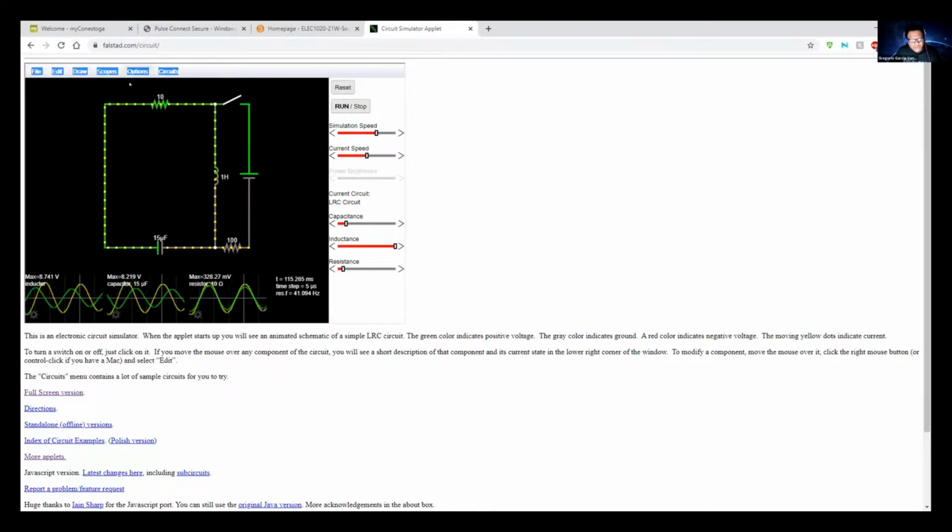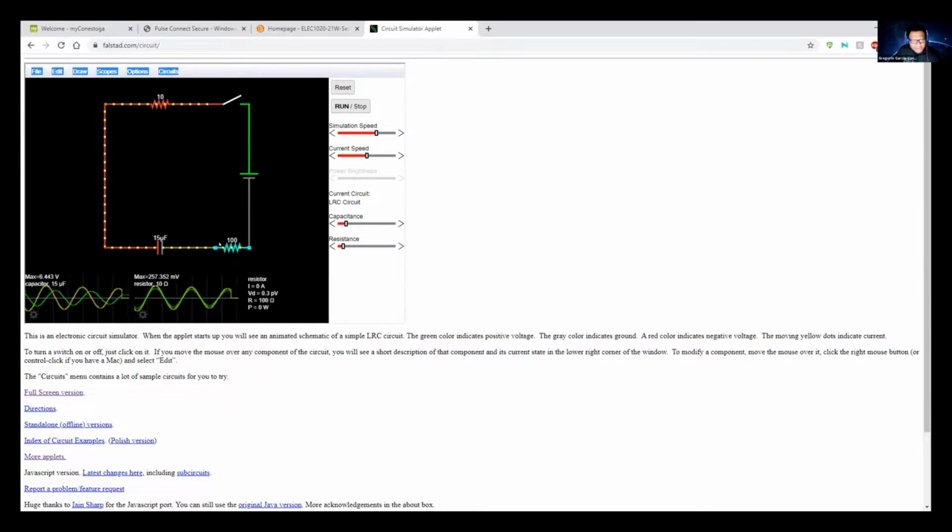The little yellow dots indicate the way that current flows. I think it's very useful to be able to see what's happening in a circuit, how the current is flowing, and to be able to measure all the different inputs and outputs from a given circuit. That's what we are going to cover today.